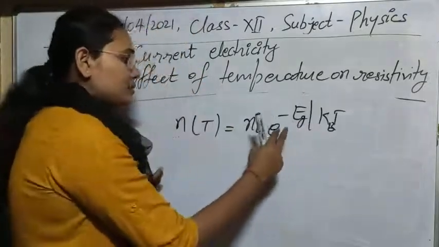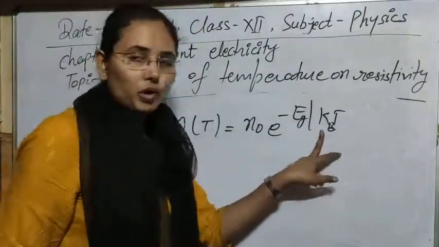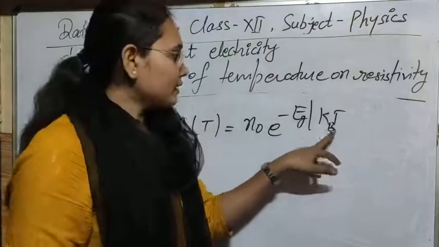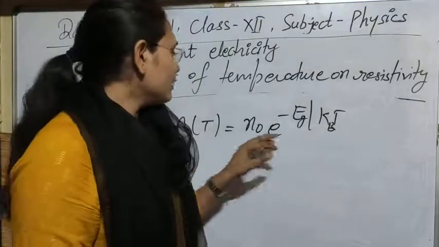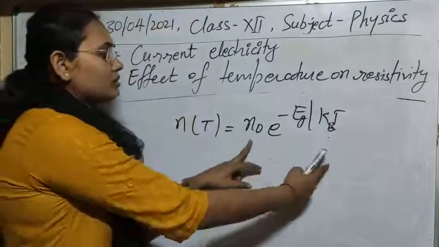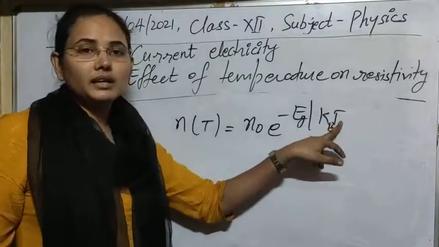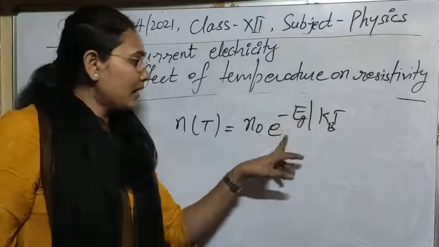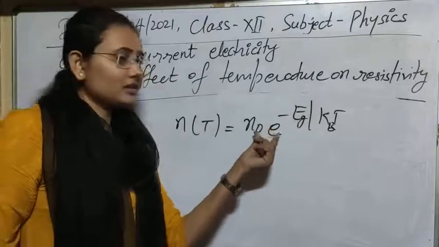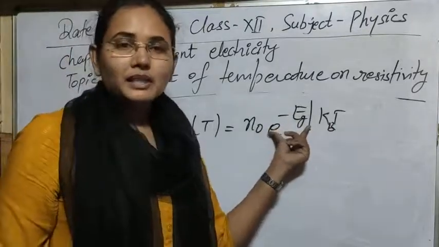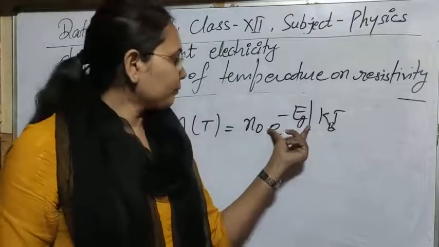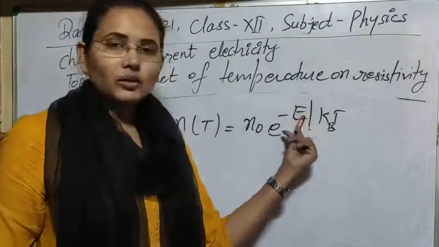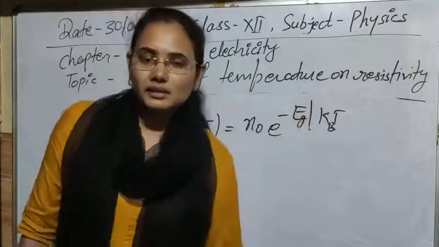But this is the band gap energy, this is the Boltzmann constant kB, and this is the temperature T. So the number density depends on such a factor. If temperature increases, this factor, as it is negative, will decrease, and then obviously the number density will increase.